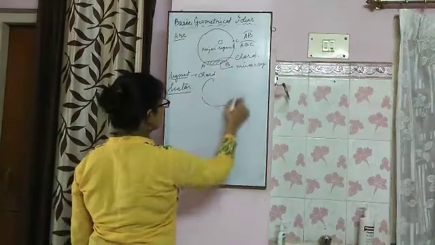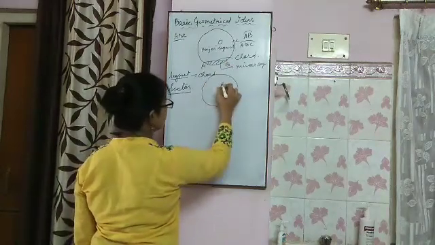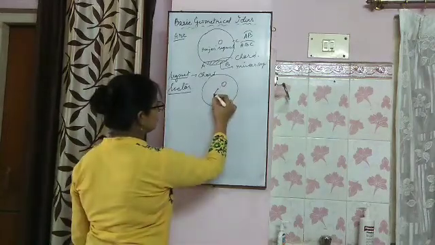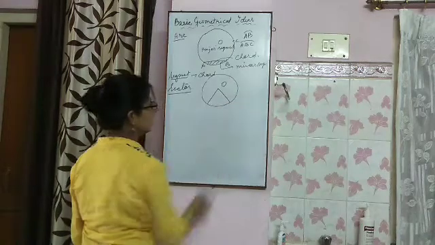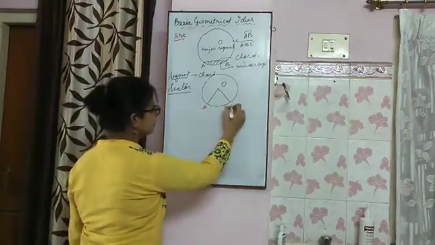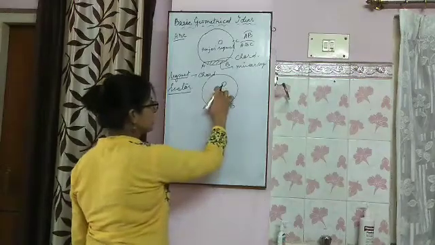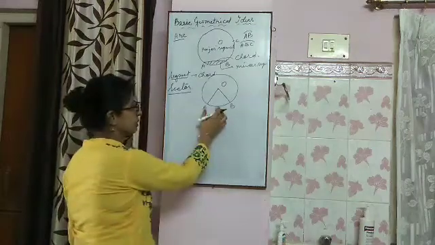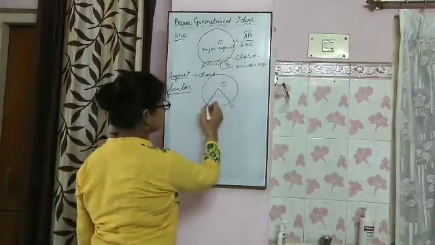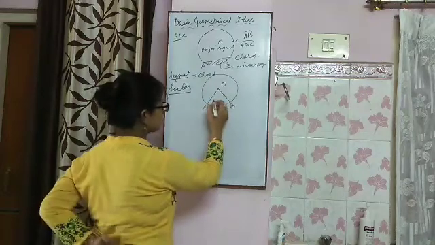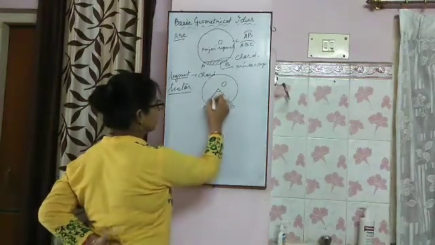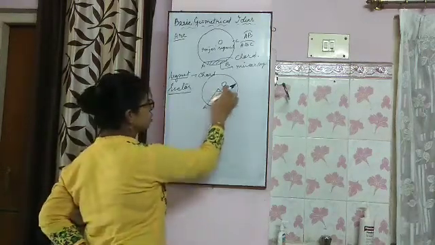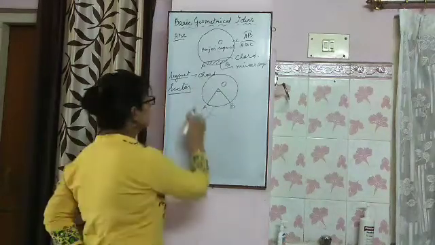For getting sector, if we draw two radius, means radius is singular form, and radii is a plural form of radius. So if we draw two radii from the same center, then we get two portions enclosed by the curve and the two radius. This portion or that portion is called sector.